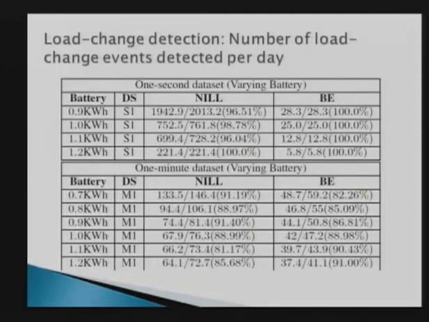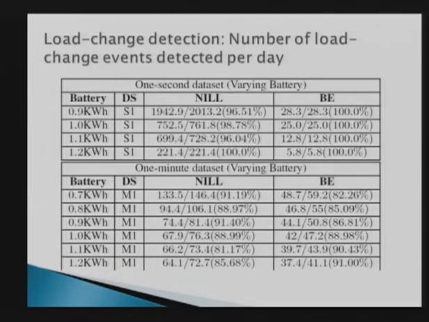So here are the results for the new algorithm and the best effort algorithm. I have already introduced how we can attack the results of these 2 algorithms, and here we show how successful the attacks are. The denominator here is the number of events we detected, and the numerator is how many of them are accurate.